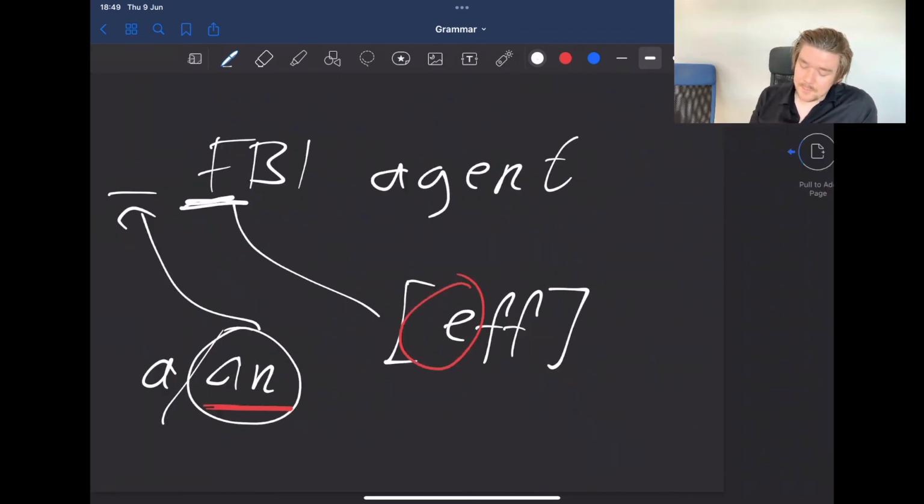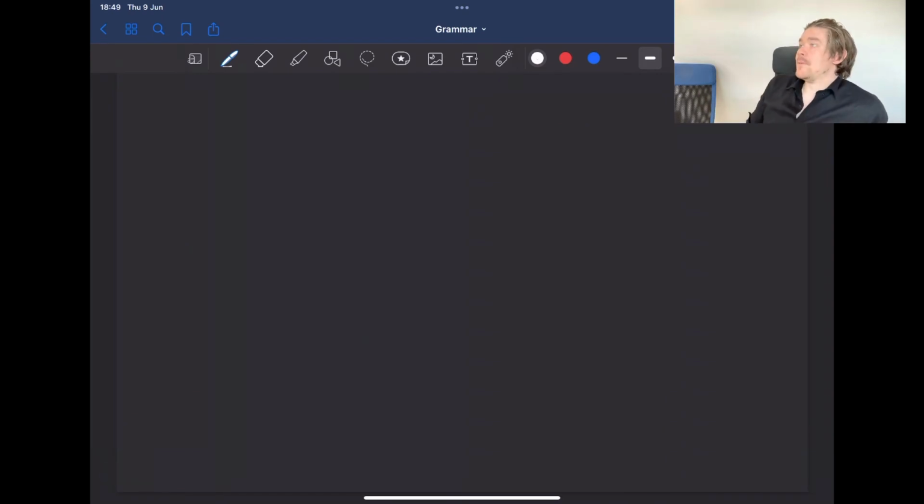I'll give you some examples here. Right, I have a door here, for example. If I say to my partner or wife or whatever, could you close the door?